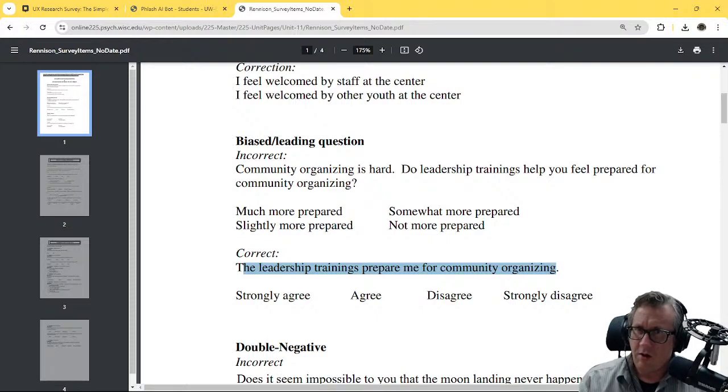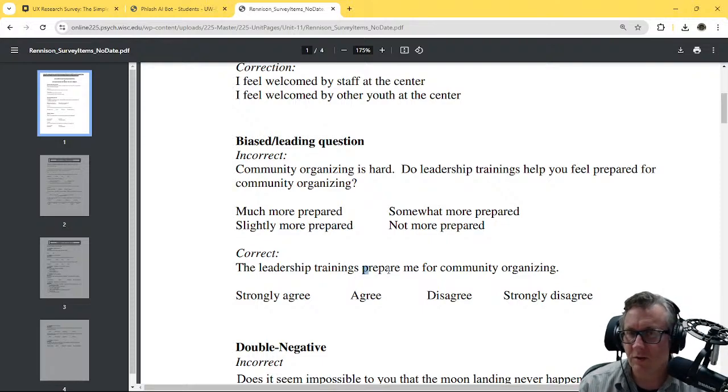Although it's small, there's a slight shift here in focus, whereas the focus is more on the training itself rather than my own response or attitude towards that training. It's acknowledging that I might be responding to those trainings differently from others in that training, right?